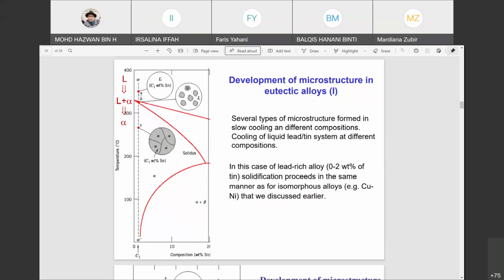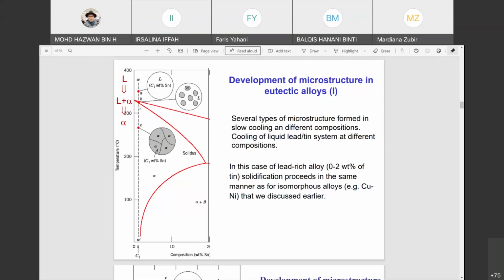Of course, at around 350, at 1% of tin, you have liquid composition. So the microstructure will be blank, there is nothing. So the composition will be equal to the initial composition. Let's say it's around 1% of tin, then you have a microstructure L that is equal to 1% of tin.